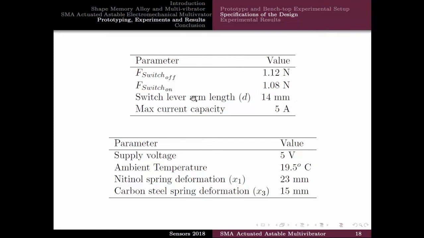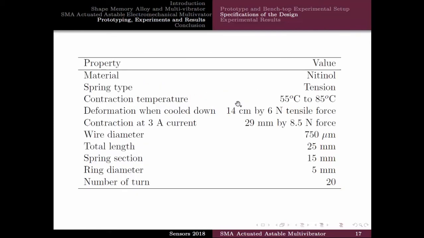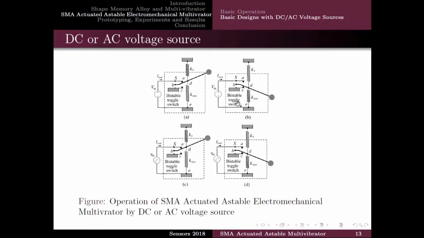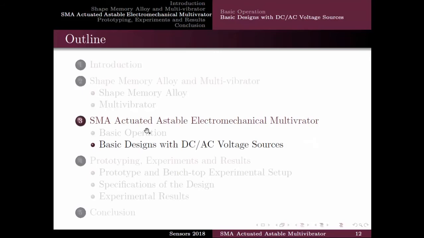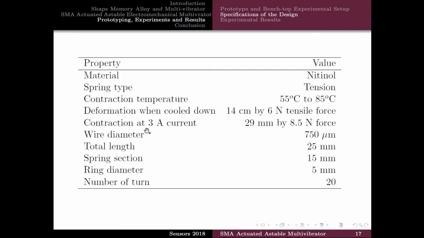After that, we have the switch lever arm. If we go back, you can see that from point A to D is known as the lever arm. This is important to decide, because it is going to apply some kind of moment to pull it down.